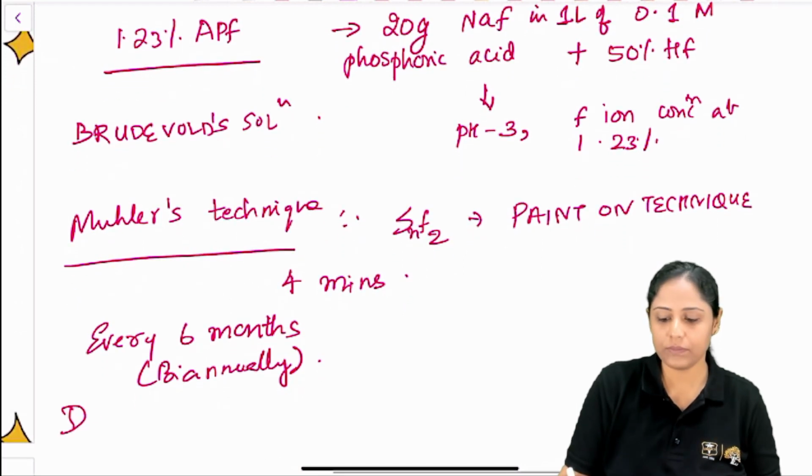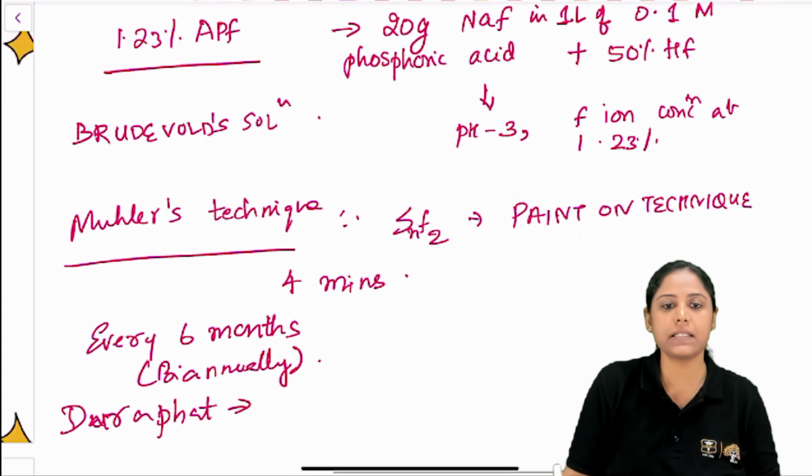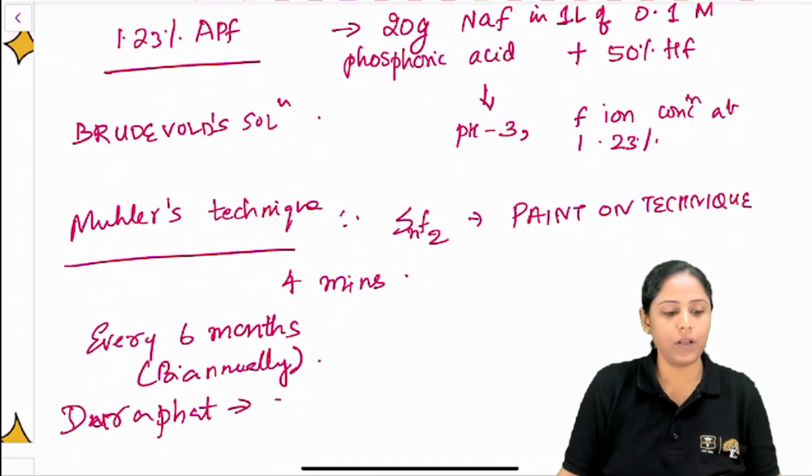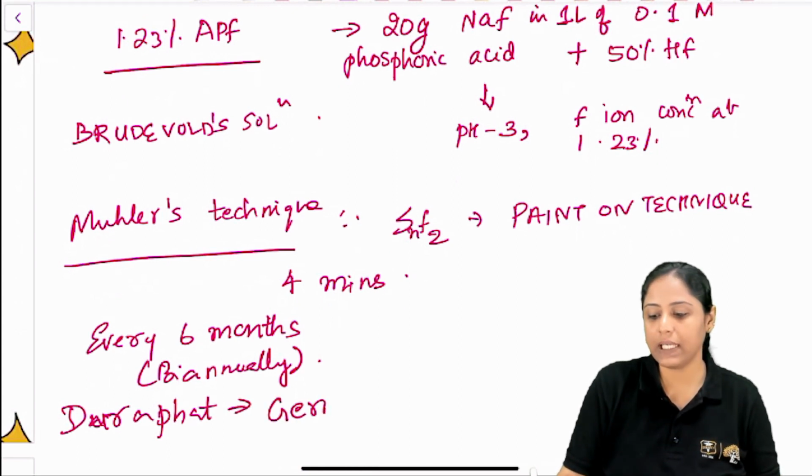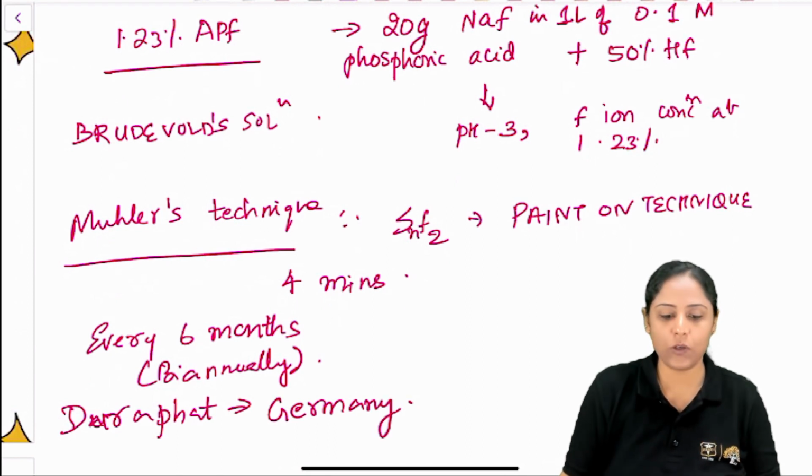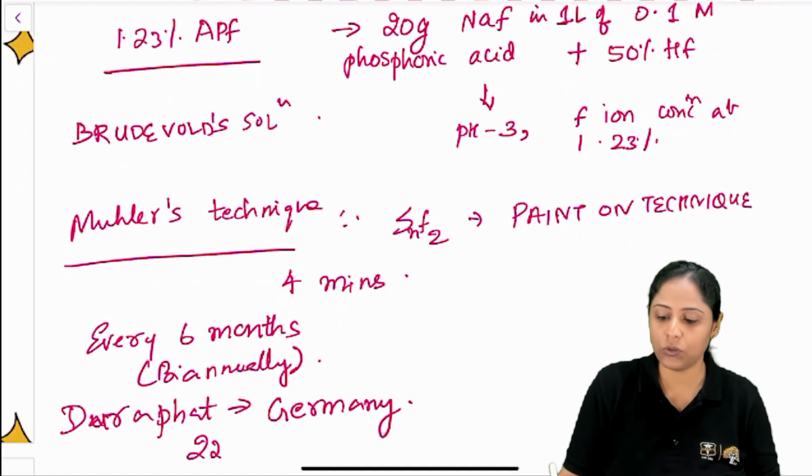Durafat, it is a fluoride varnish which was first developed in Germany, and it is a viscous yellowish material containing 22,600 ppm fluoride.